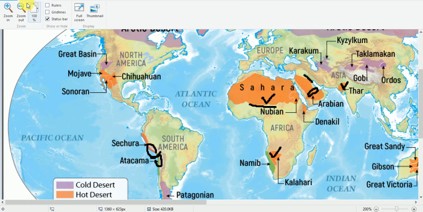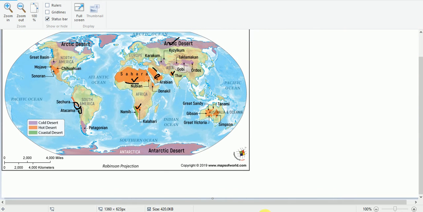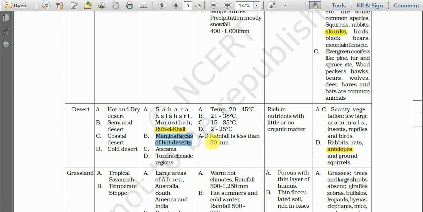And about temperature conditions. Hot and dry desert temperature is ranging between 20 to 45 degrees Celsius. Then for the semi-arid desert, temperature condition 21 to 38 degrees Celsius. Then for the coastal desert, temperature 15 to 35.